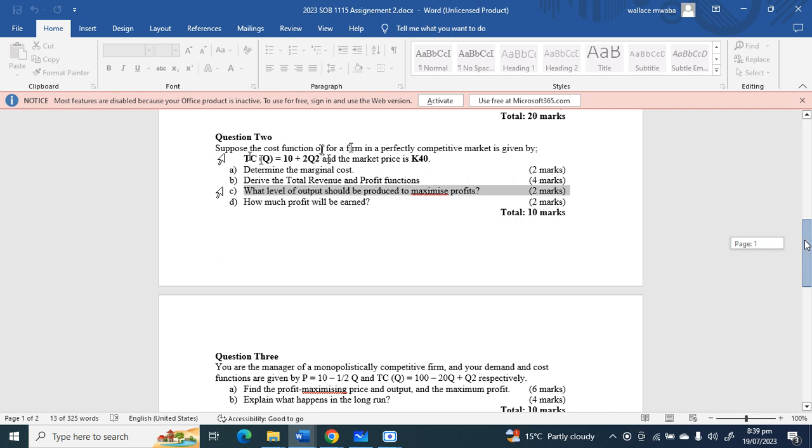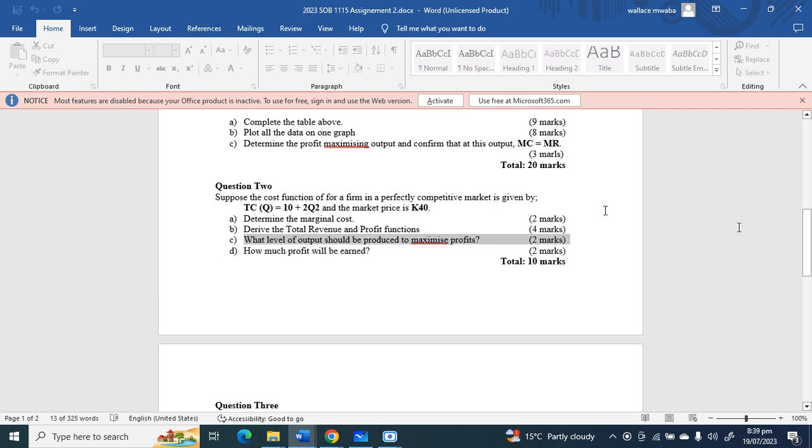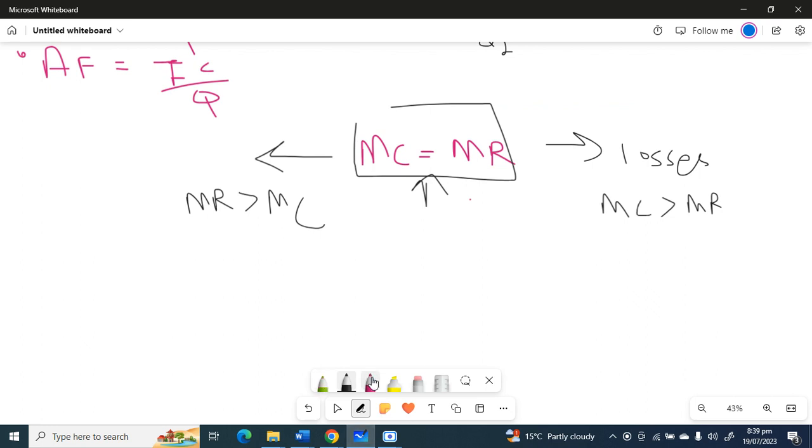The characteristics of a perfect competition. The first characteristic: all sellers are selling the same type of good. The good is homogeneous. It means it's the same good being sold by different sellers. For example, the tomato market.